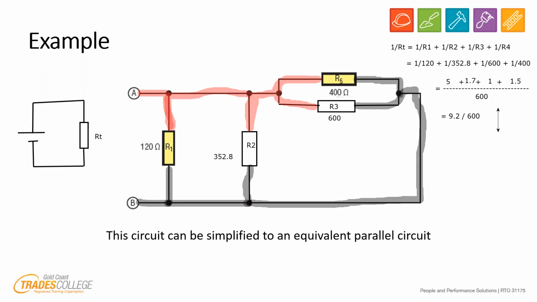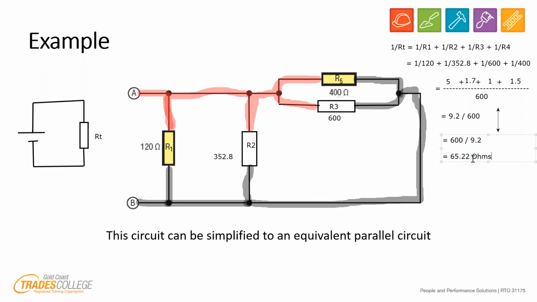Flip it upside down, and that gives us 600 divided by 9.2, which gives us a total of 65.22 ohms in total.